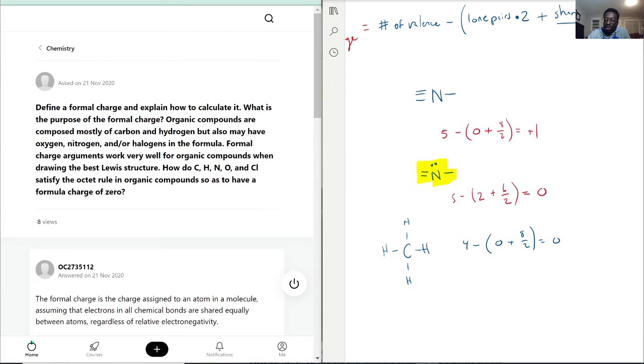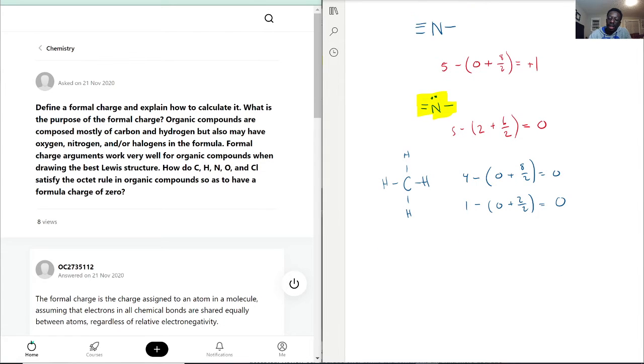And hydrogen only has 1 valence electron, and is sharing like that, so that's why we have 0 as well. And if we want to do an acid, for example, where we have something like this, all the formal charges here should be 0.